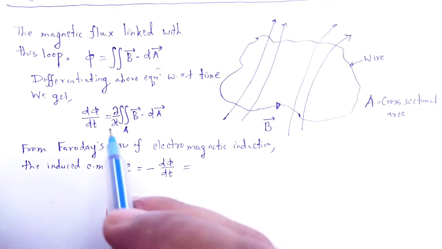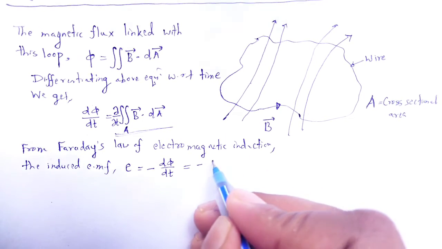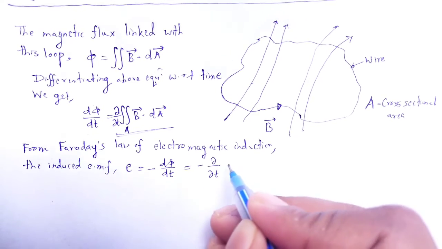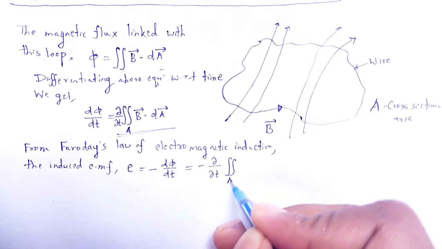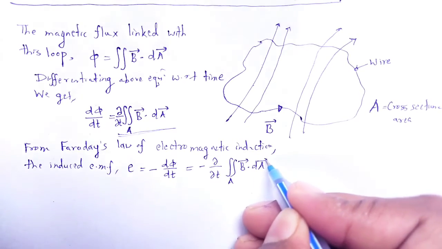Therefore, the value of d phi by dt is put here, that is minus del by del t of the area integral of B dot dA.